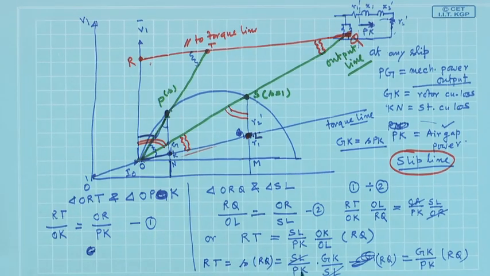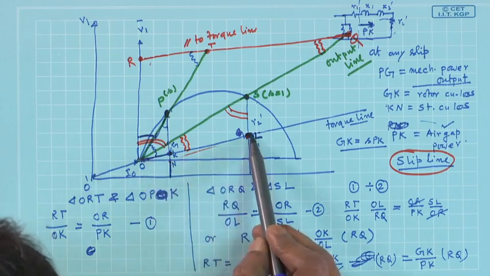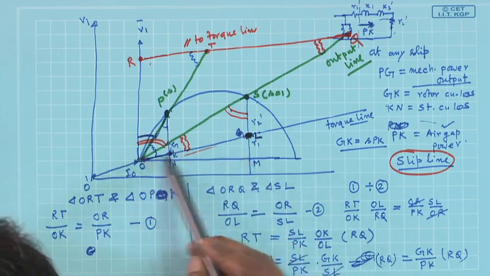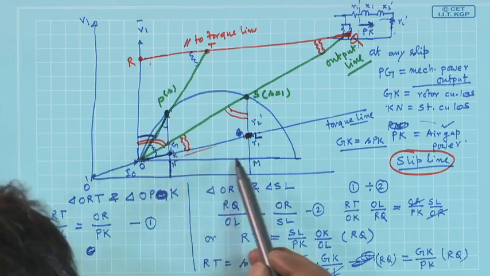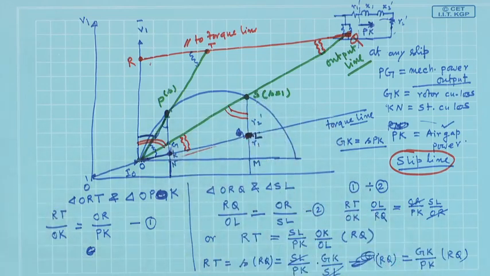This is the thing. So, here the trick is that OK by OL, once again these are all parallel. So, OK by KL will be same as ON by OM, which is same as GK by SL. That I have applied and I get this.